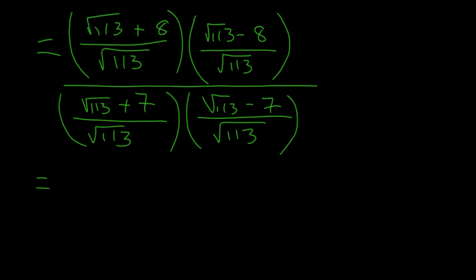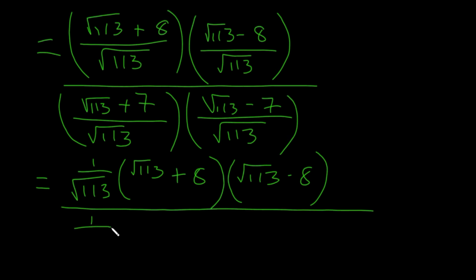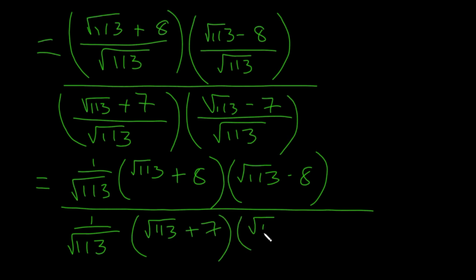By taking 1 divided by root 113 as common in the numerator and denominator, it is going to be 1 divided by root 113 into (root 113 plus 8)(root 113 minus 8), divided by 1 divided by root 113 into (root 113 plus 7)(root 113 minus 7).